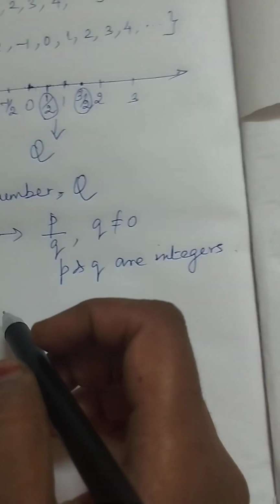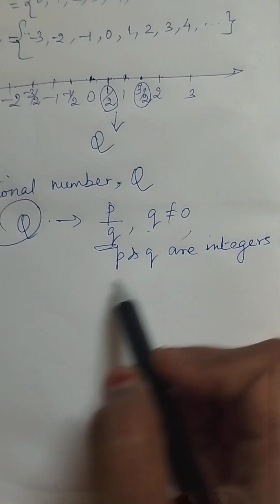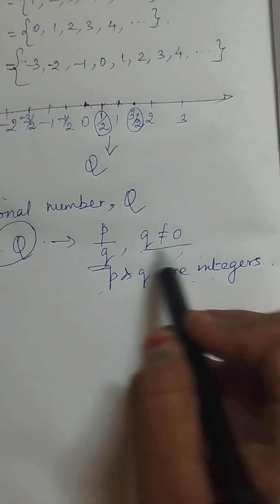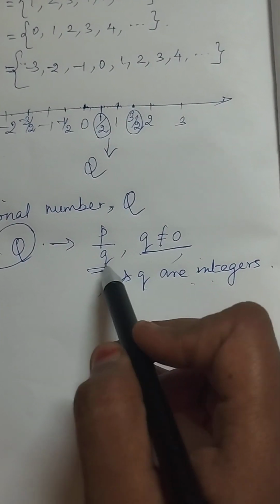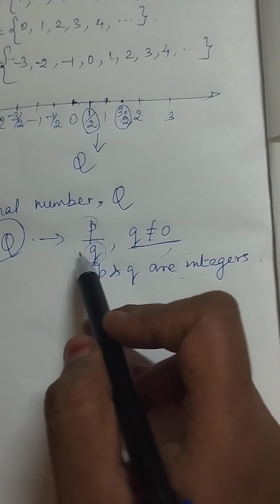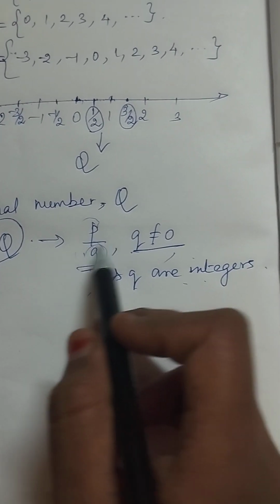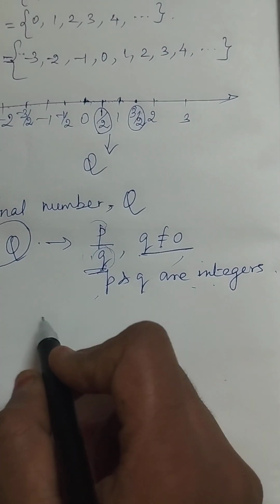Why this Q not equal to 0? Because whenever we put a denominator 0, then this number is not defined. The value is not defined if the denominator is 0, because we cannot divide anything by 0.